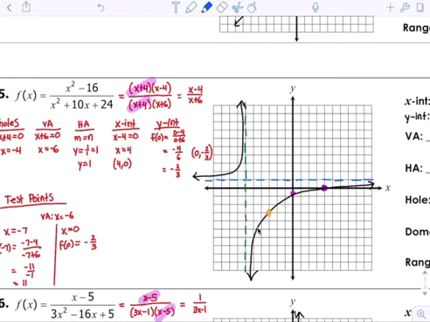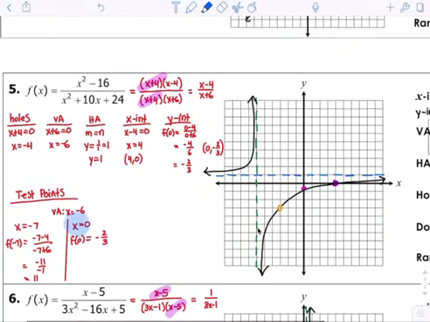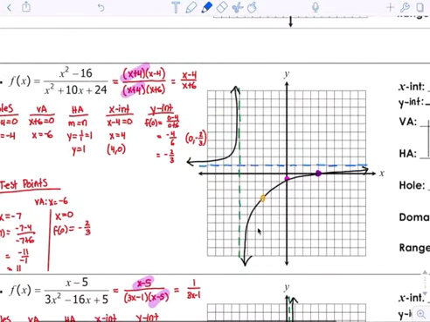And then test the point to the right. I might as well just use x equals 0 because that's to the right of negative 6. And we already found it right there, which was 0 comma negative 2/3. And 0 comma negative 2/3 resides in this one, which is why I know my graph is in there. Okay, and then I used my asymptotes to help guide me in graphing it, right?